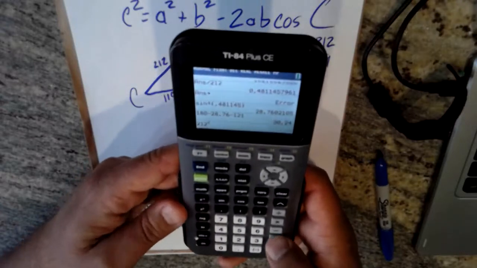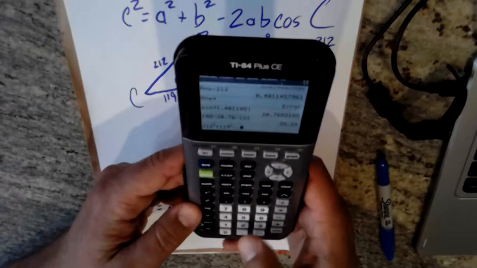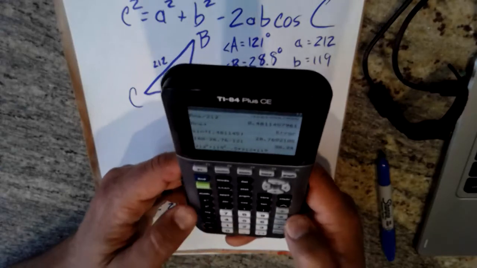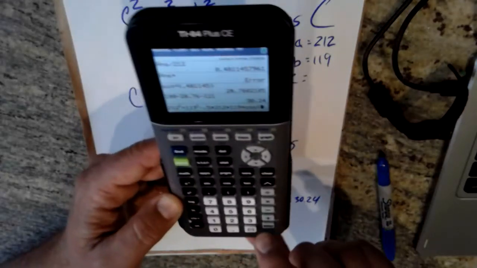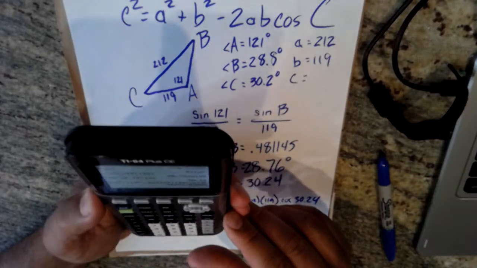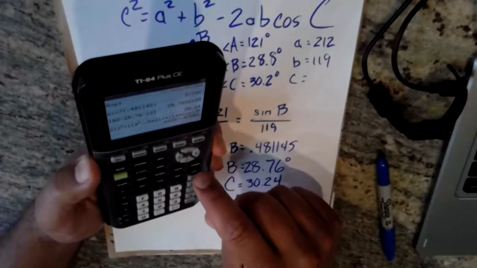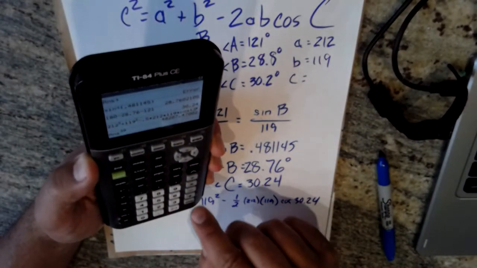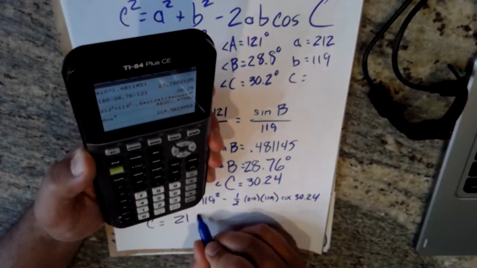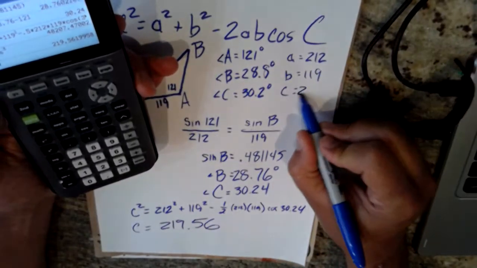What I love about graphing calculators is you can check to make sure you're putting it in right. Minus 0.5 times 212 times 119 times cosine of 30.24. That is C squared. So to find C, I'll take the square root of that, take it to the 0.5 power, and I get C is 219.56. Does that answer make sense?